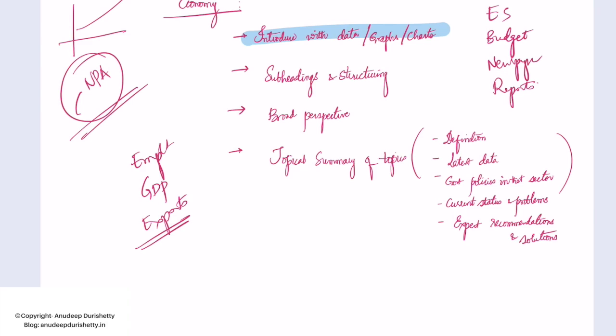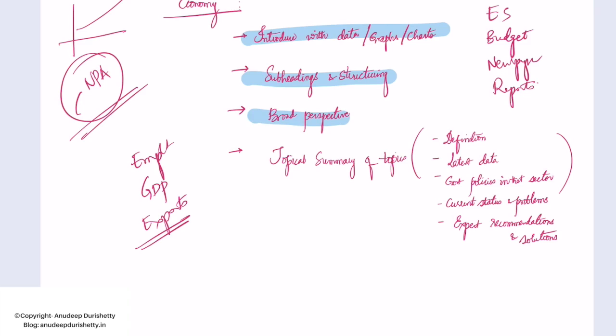Next, just as in other subjects as we have discussed, extensively use subheadings to structure and frame your answers properly. Divide your question into parts and answer each subpart under a separate subheading. Thirdly, answer broadly. What do we mean by this?